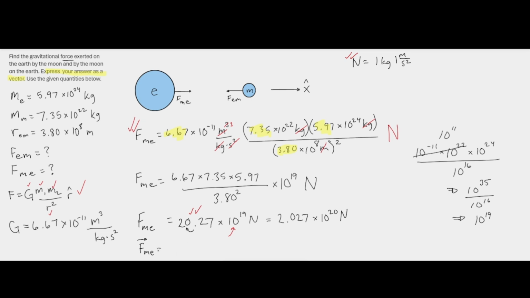I need my magnitude, which I'm going to round to 2 decimal places. So this becomes 2.03, just like all the rest of the numbers given to us, times 10 to the 20th newtons.